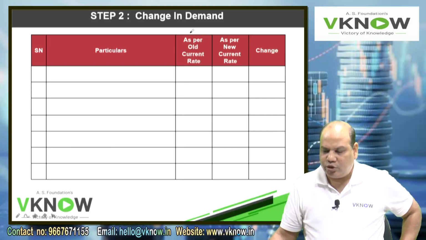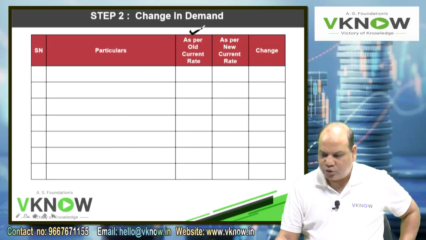That is what was the amount applicable to German customer in euro as per old current rate, and because the rate has changed, the value of AC in euro will change as per new current rate.